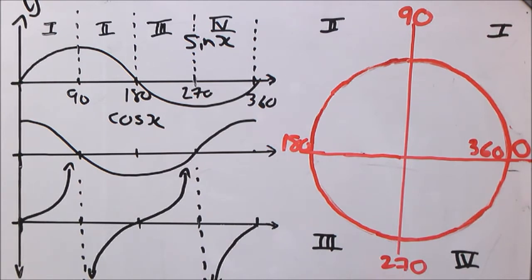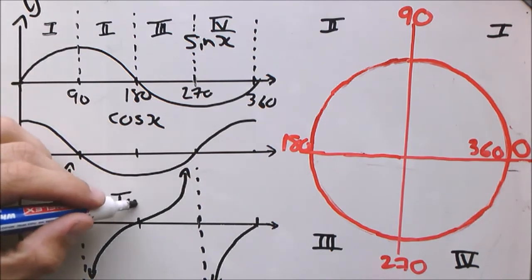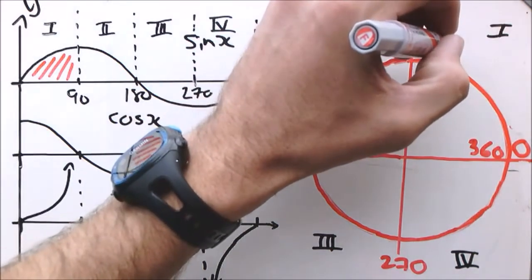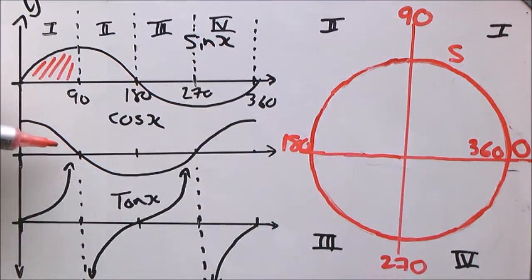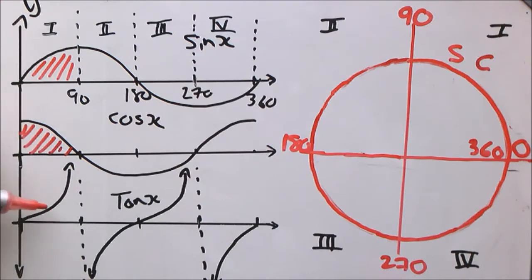Now let's look at the first quadrant for all three graphs and ask the question, in the first quadrant, which graphs are positive? Between the sine graph, the cos graph, and the tan graph, you will clearly see that the sine graph is positive, the cos graph is positive, and also the tan graph.